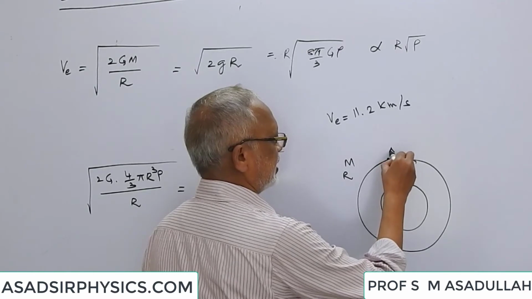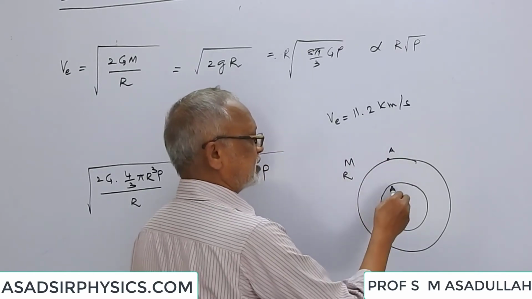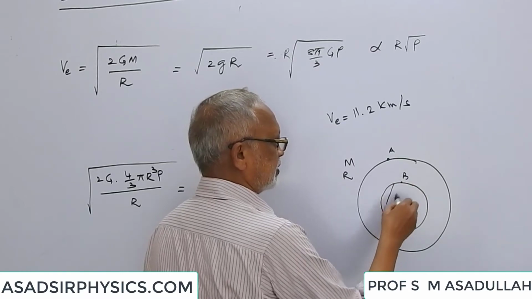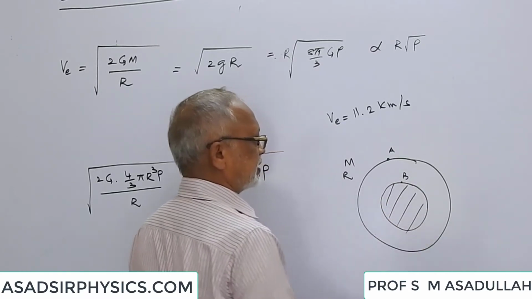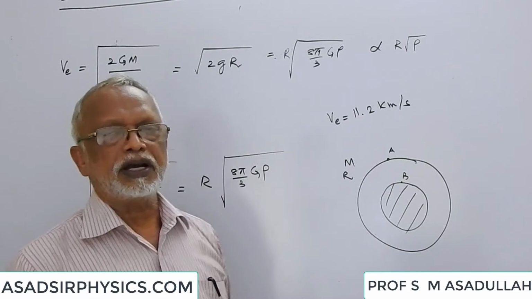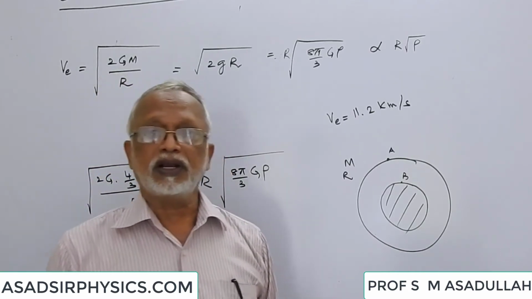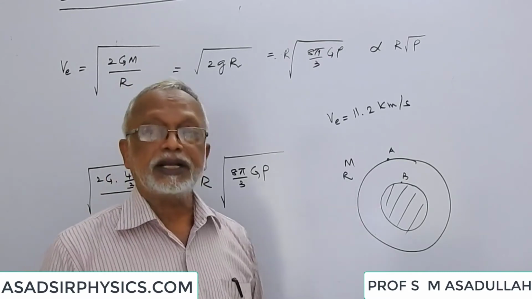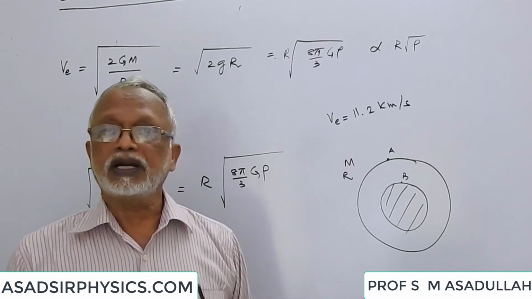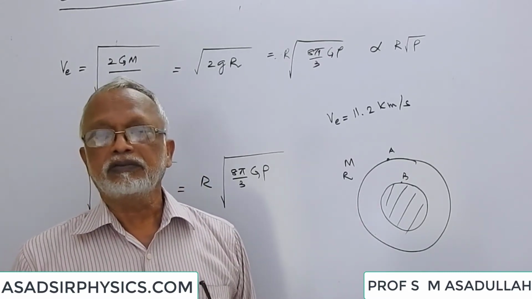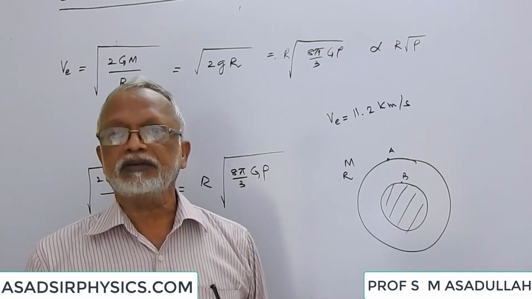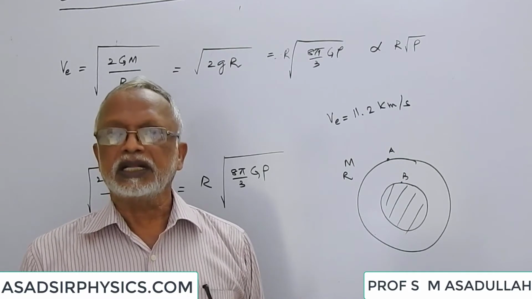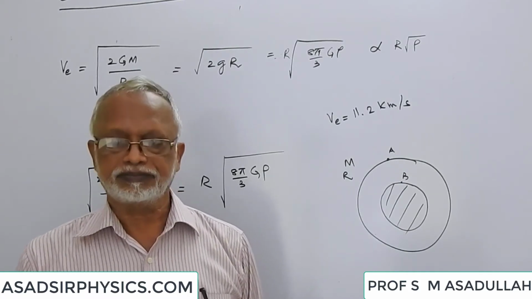Suppose this is point A on the surface of the earth before shrinking. This is the point B on the surface of the earth after shrinking. You may be asked to find the escape velocity after shrinking. Number one, at the point which was present before shrinking. Number two, at a point present on the surface after shrinking.